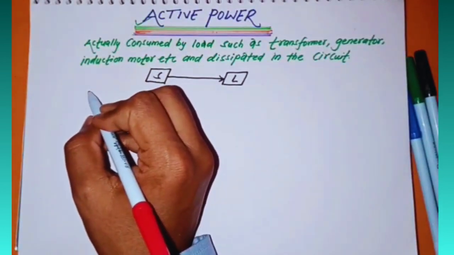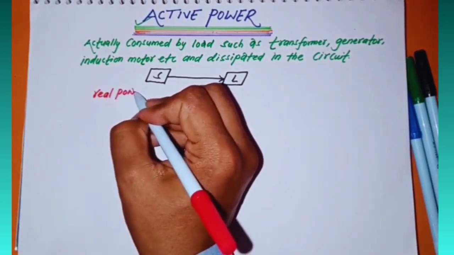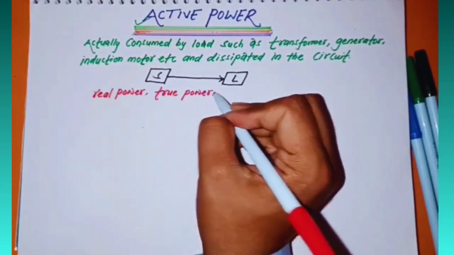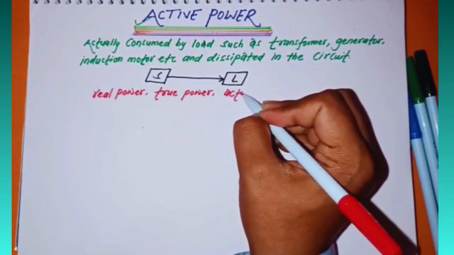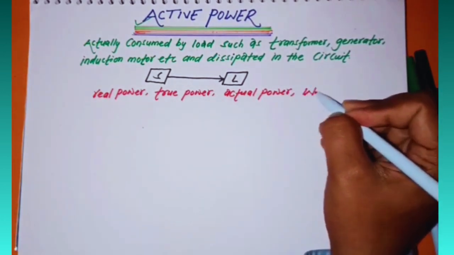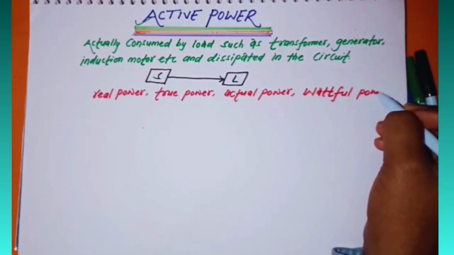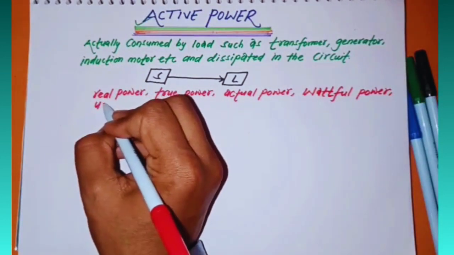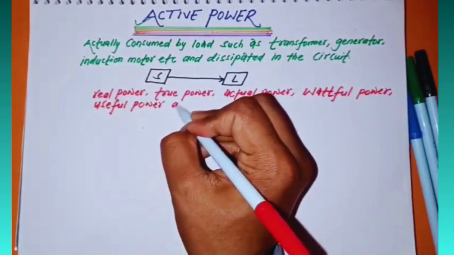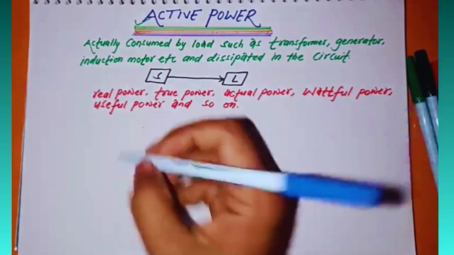Alternative names for active power are real power, true power, actual power, wattful power, useful power, and so on.